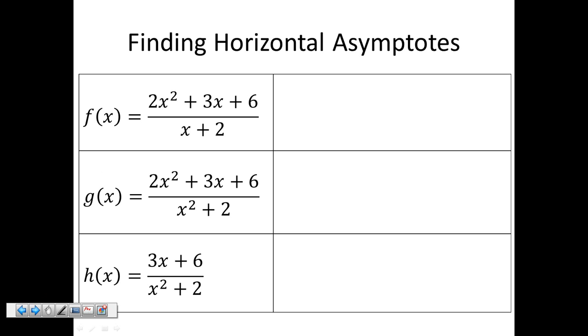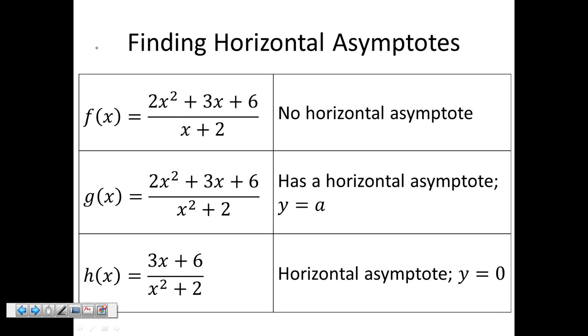The middle one, g of x, since the two degrees are the same, it does have a horizontal asymptote. We're going to have to do some work to figure out what it is. On the bottom one though, h of x, since the degree on the bottom is bigger than the degree on the top, you don't have to do any work. You just have to state that that has a horizontal asymptote because the degree on the bottom is bigger, and that horizontal asymptote is y equals 0.